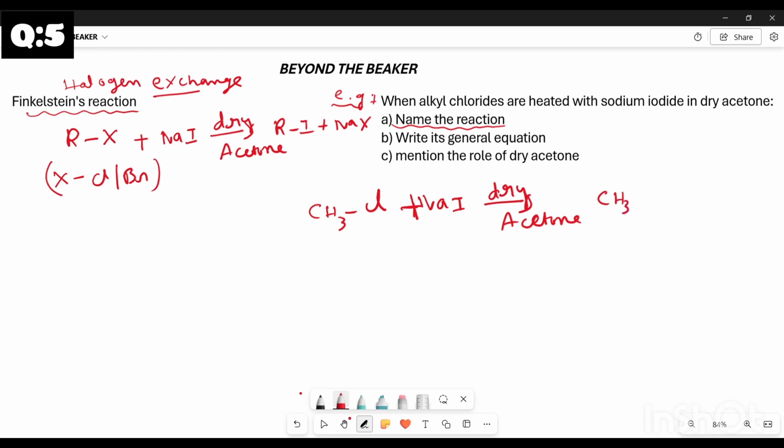Cl is replaced by iodine. See the reaction. So I get iodomethane, or methyl iodide.